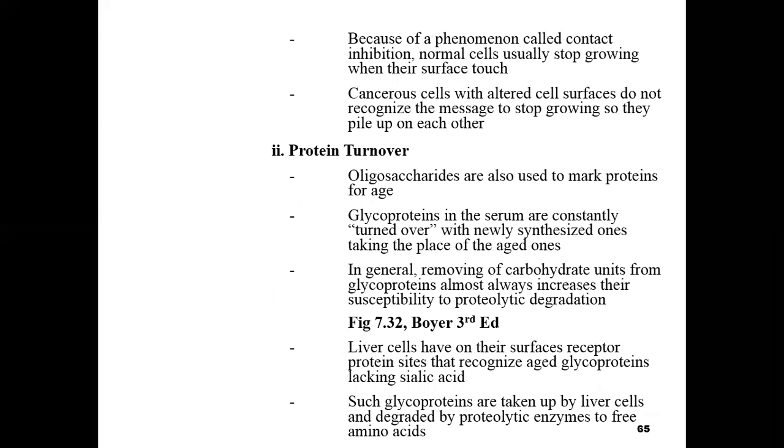Because of a phenomenon called contact inhibition, normal cells usually stop growing when their surfaces touch. Cancerous cells with the altered cell surface do not recognize the message to stop growing, so they pile up on each other.